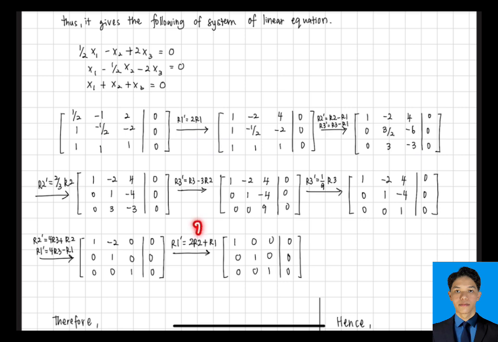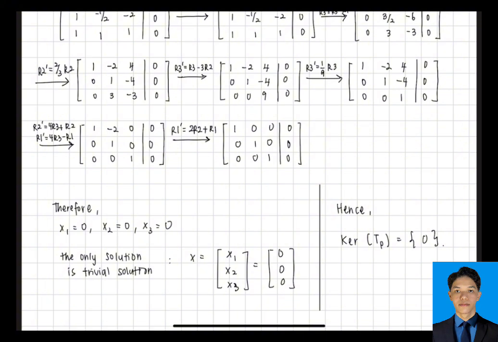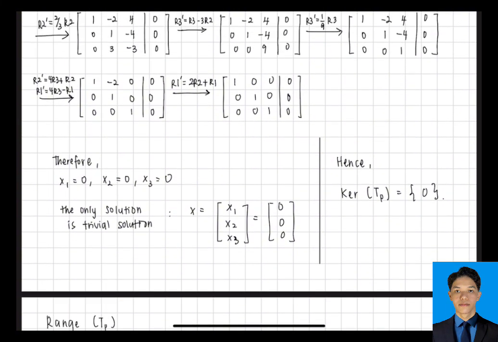Next, the last one, we find a new R1 by doubling R2 and adding it to R1. Therefore, we find that x1 equals 0, x2 equals 0, and x3 equals 0. This means that the only solution is the trivial solution. Hence, the kernel of TP is equal to 0.